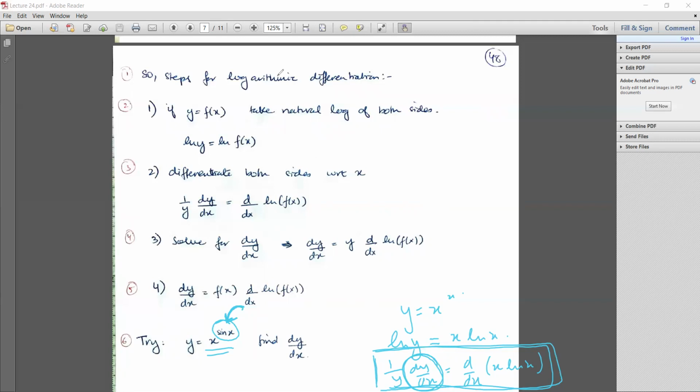All right? So try doing both of these on your own. I've almost done pretty much half of x raised to power x here, but try doing both of these on your own by following these steps of logarithmic differentiation. Any questions?